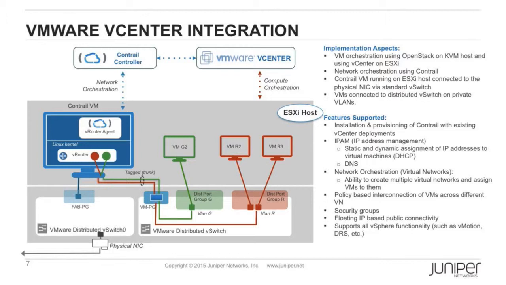Those translate in the VMware world into port groups, distributed port groups. So on this particular slide, we see a green port group and a red port group, and these are distributed port groups sitting on the distributed vSwitch. So wherever there are tenant workloads belonging to those networks, you would have corresponding port groups created on those ESXi hosts on the distributed vSwitch.